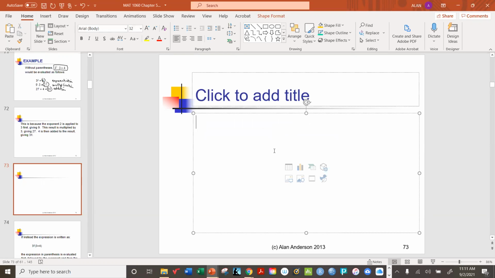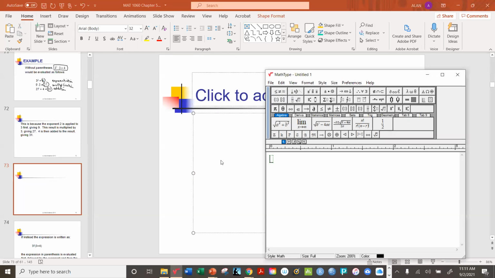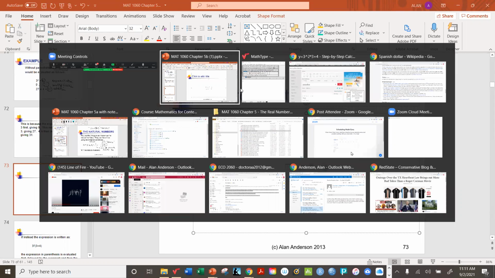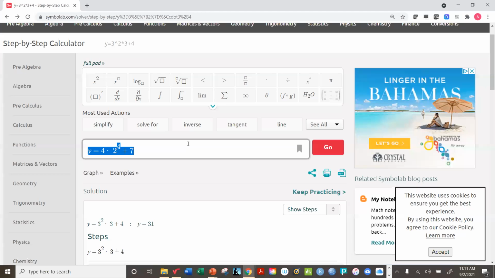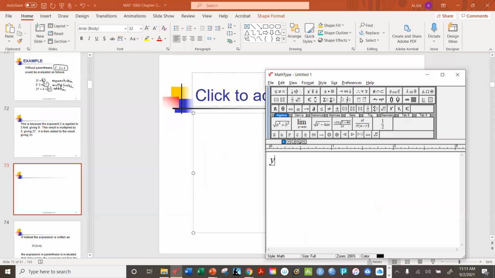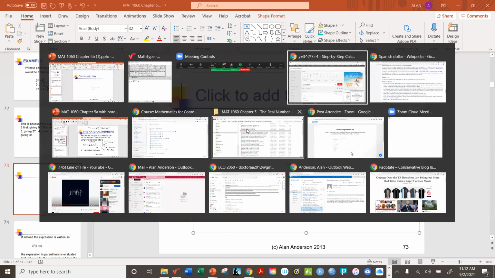So I actually have access. Now, you may not want to spend money on this, but I have what's called an equation editor, which enables me to type fairly sophisticated equations. Let's see, what did I use? It was 4 times 2 to the 4th plus 7.